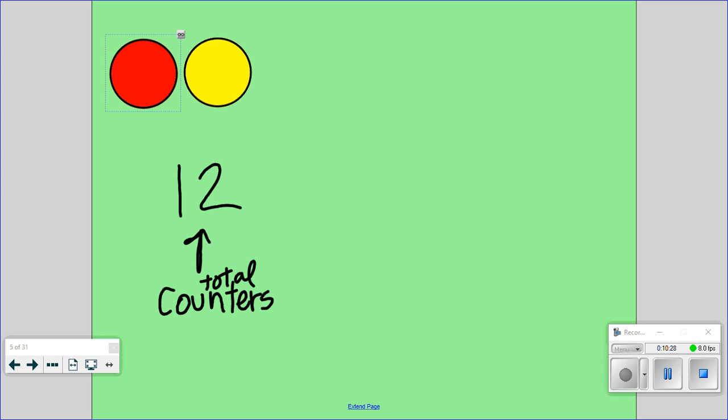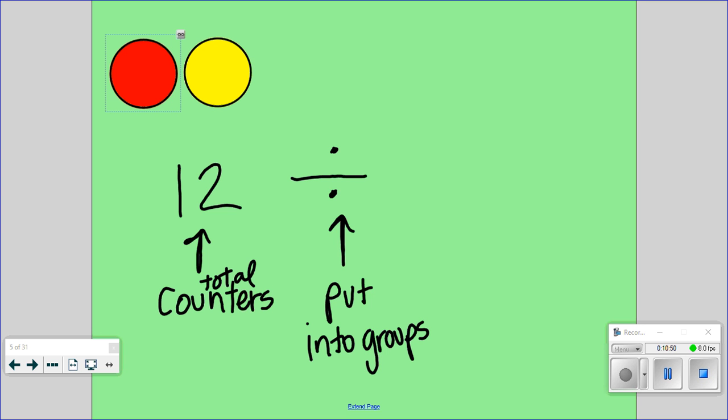But the correct language is to put into groups, just like what Adria just said. So we're going to draw our division symbol. Put into groups. That's what that means.